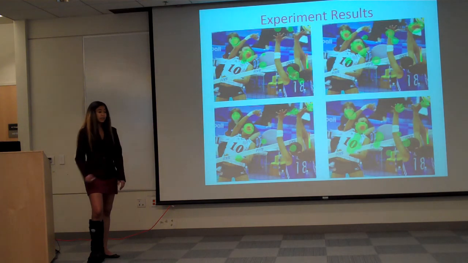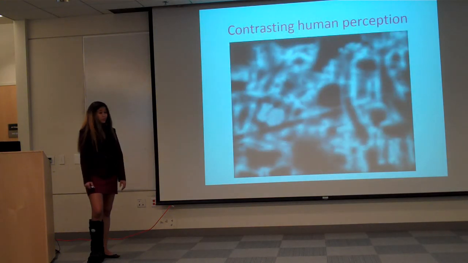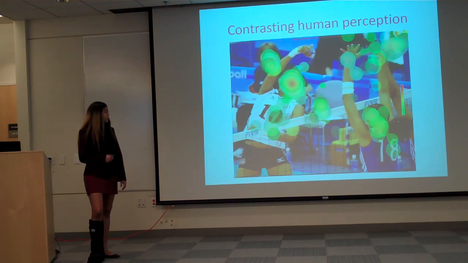However, people, again, are looking at mostly the faces of the people and the heads, and then also where the action is taking place. So they're looking at the hands, where you can see the ball is being thrown to. And you can also see that some people over here are looking at the numbers. So when the algorithm found everything important, people only found certain areas important.